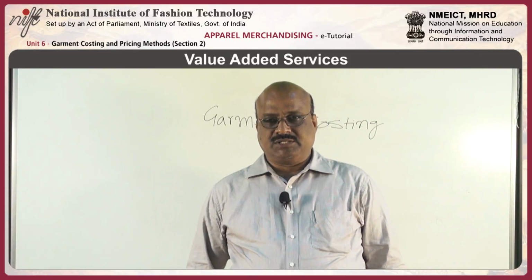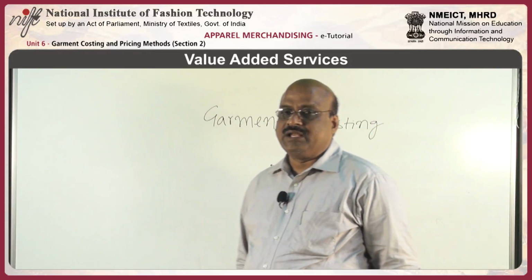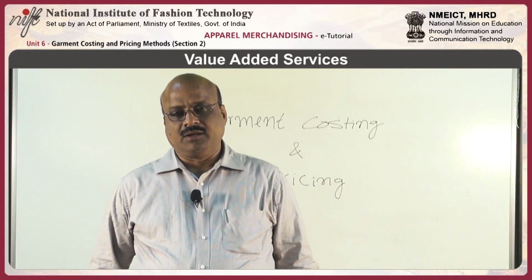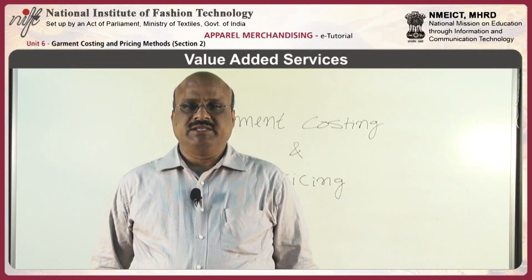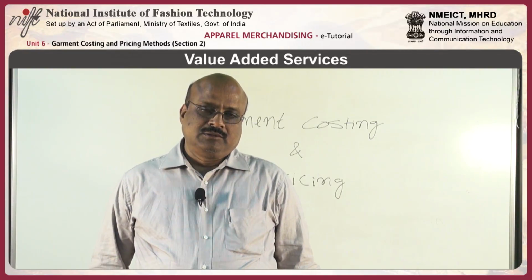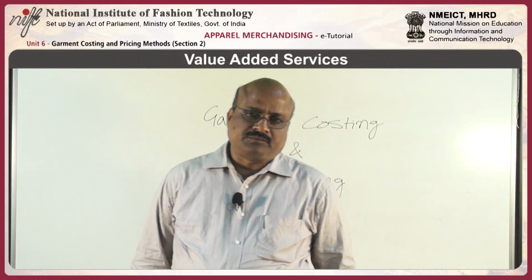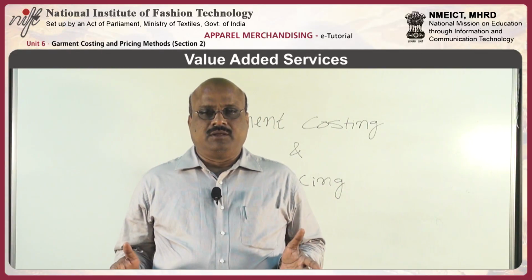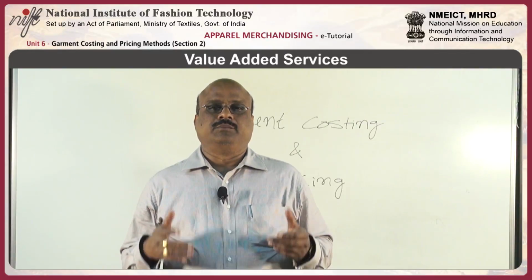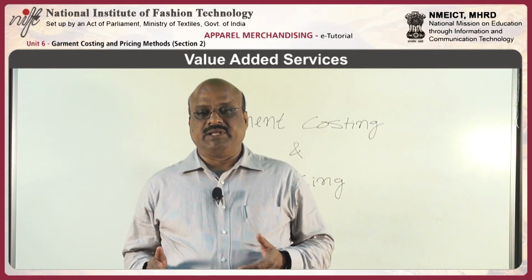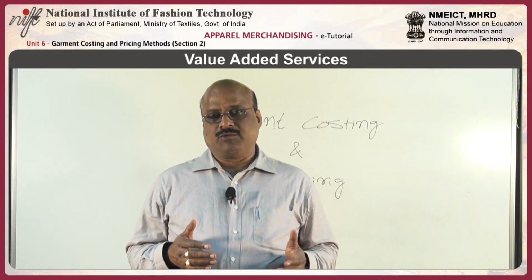Value added services. There are also certain value added services which add to the cost. Value added services is the cost added for special processes involved in garment manufacturing, like embroidery, printing, washing, used to impart the type of look the buyer wants.